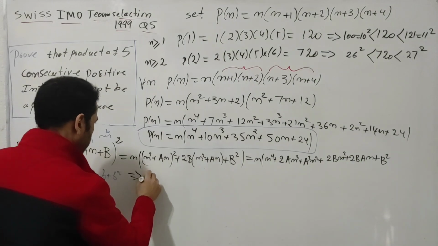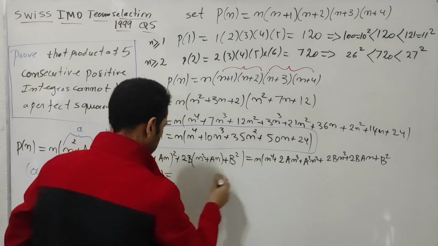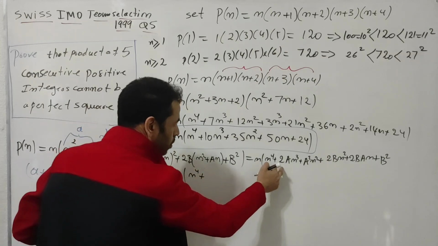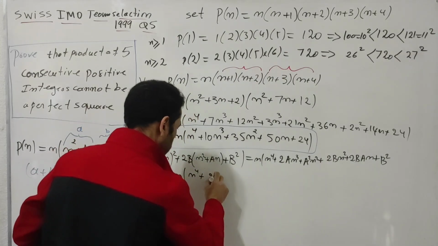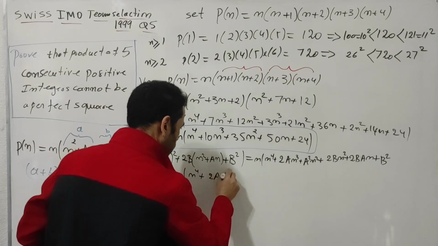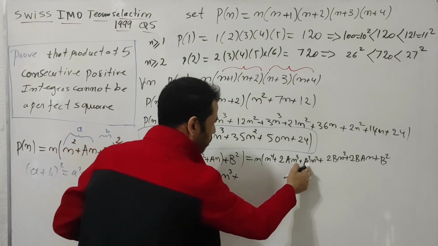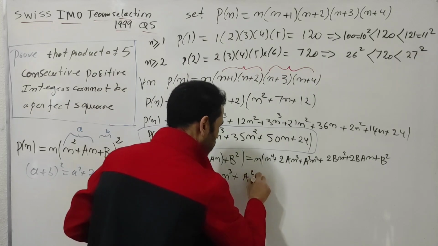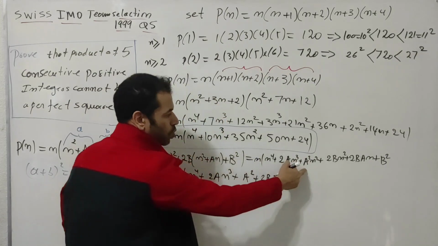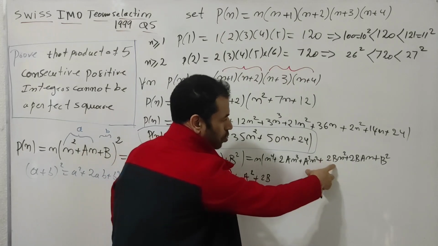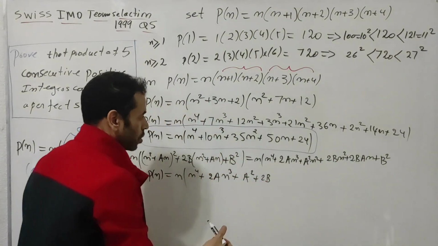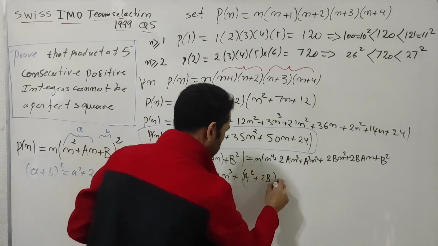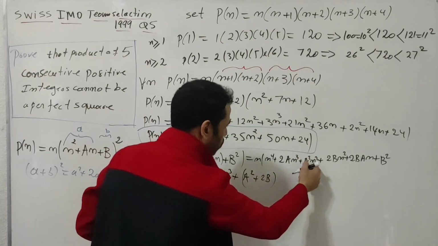I have P of n, I will have this one, n to the fourth plus 2 capital A n cubed plus this term plus capital A square plus 2b. I'm collecting these terms and putting them together under n square, with n square as a common factor.